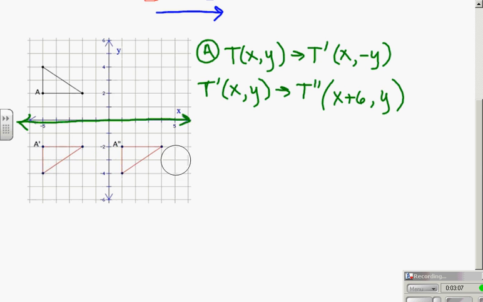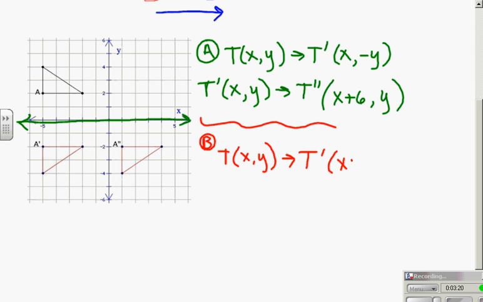What would happen if we slid and then reflected? So option B, we are going to take T of (x, y), and we are going to translate it first. So that means A is going to come 1, 2, 3, 4, 5, 6. Make this A prime.